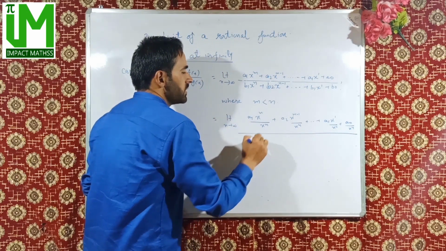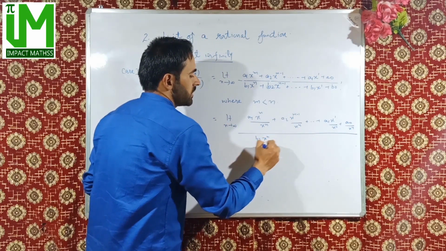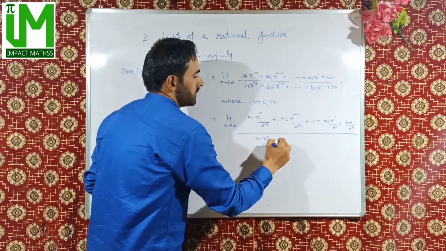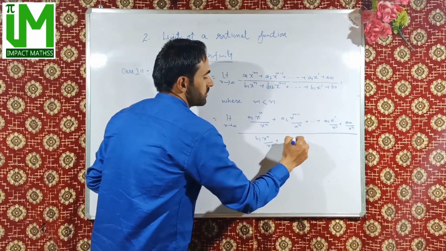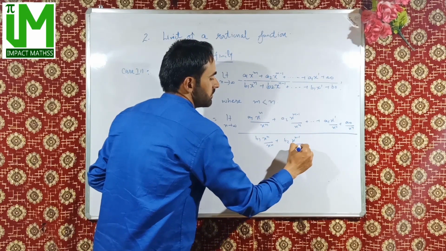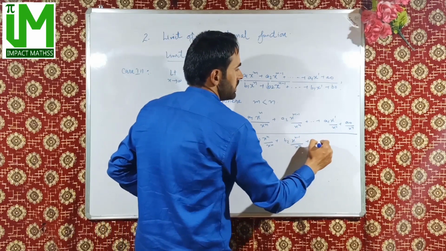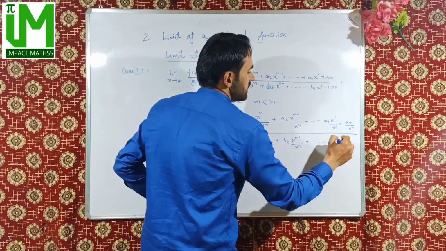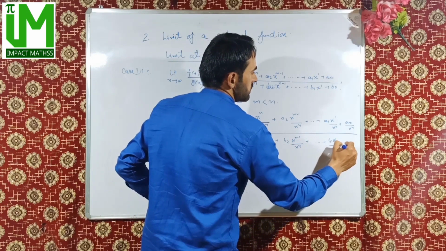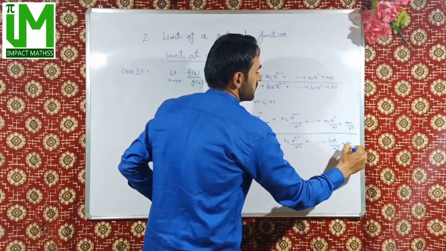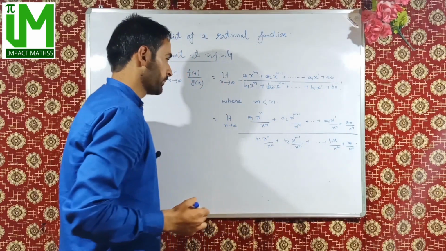divided by b1 x to the power n divided by x to the power n plus b2 x to the power n minus 1 divided by x to the power n plus up to b1 x divided by x raised to power n plus b naught divided by x to the power n.